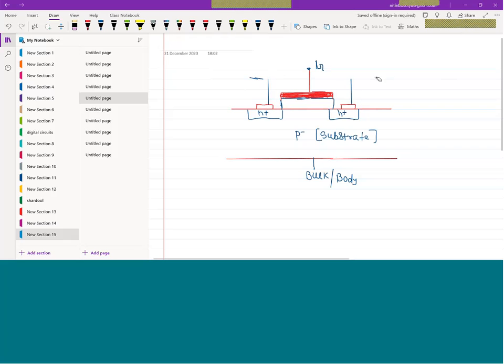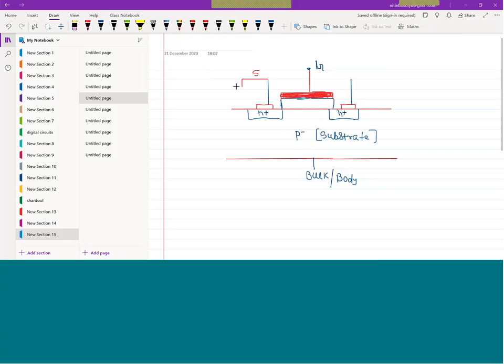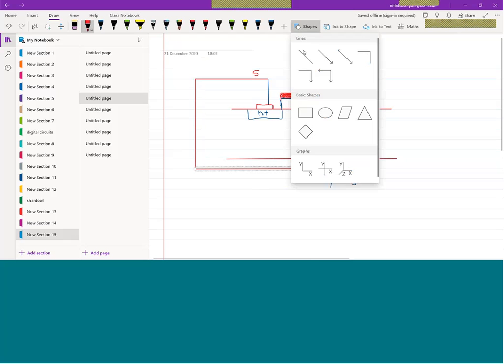So we are having three terminals: gate, source, and drain. This terminal is known as the source terminal, and the source is always connected to the bulk, and these two are connected to ground.